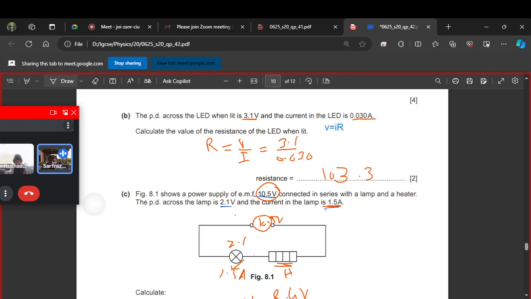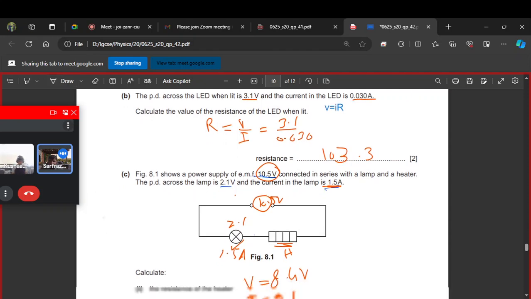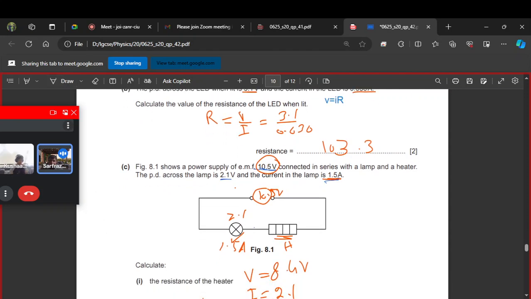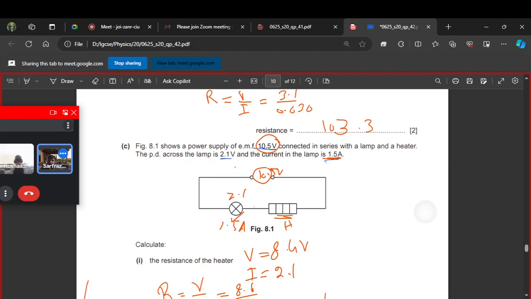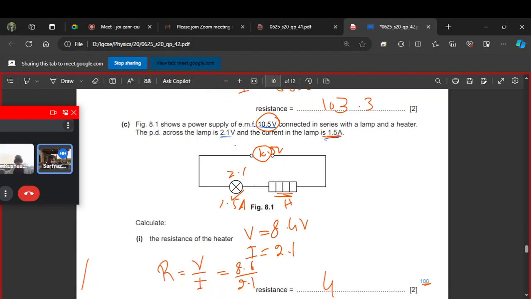Figure 8.1 shows a power supply of EMF 10.5 volt connected in series with a lamp and a heater. The potential difference across the lamp is 2.1 volt, and the current in the lamp is 1.5 ampere. Then calculate the resistance of the heater.